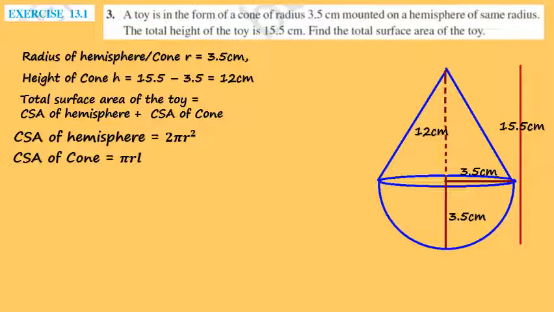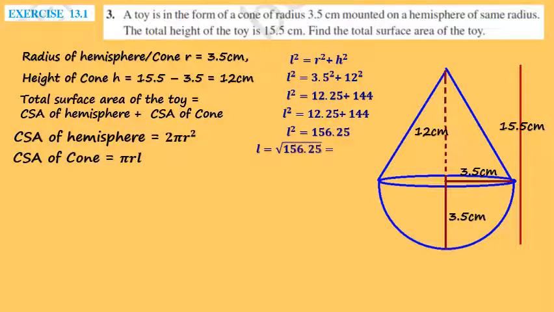So we have to find out the slant height L. That is L square equal to r square plus h square. R and h it's given. So let us substitute the values. So we will get L equal to 12.5 centimeter.